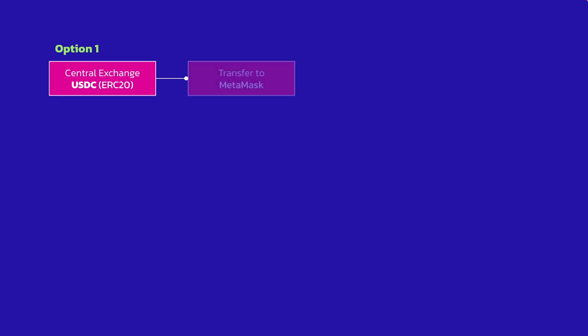Essentially, when we are purchasing our coins, they are saying what you should do as an option is purchase some USDC tokens that are on the ERC or Ethereum network, and then transfer it over to your Metamask. And then what you're going to do is bridge that from an ERC20 mainnet to the Matic network.